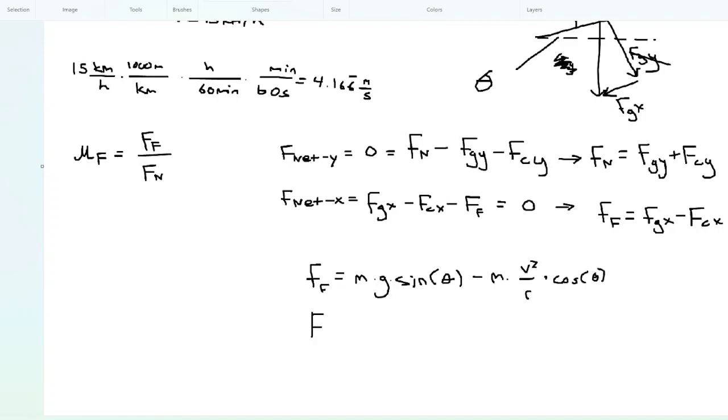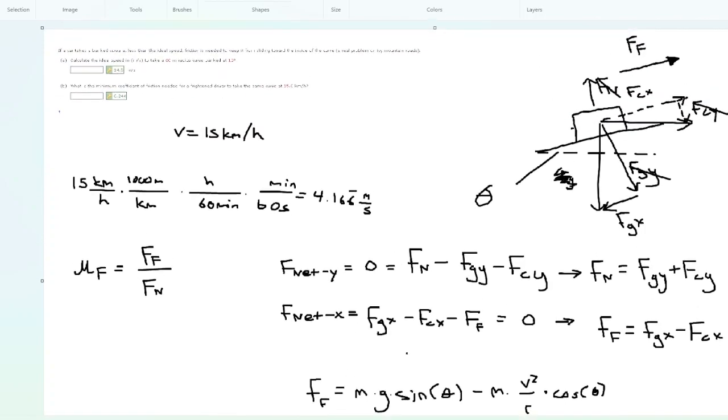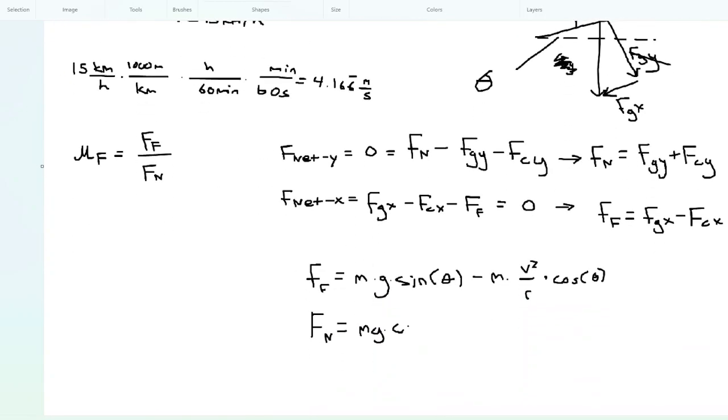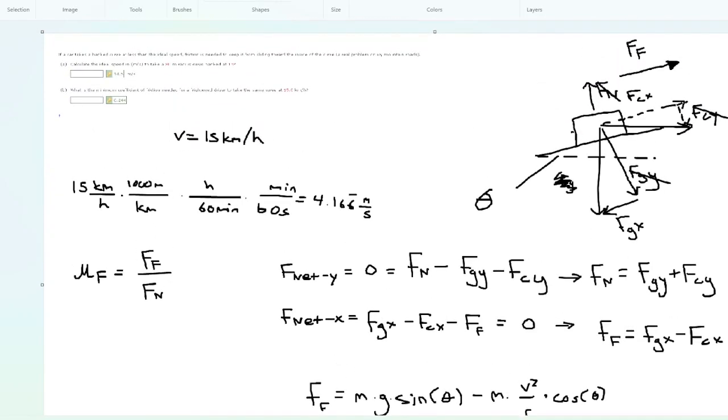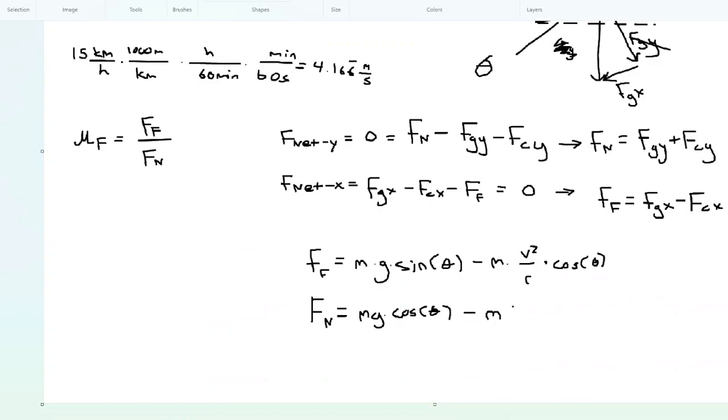Force normal is going to be equal to the force of gravity in the y direction, which is going to be cosine of theta, minus force centripetal in the y direction, which is going to be sine of theta.